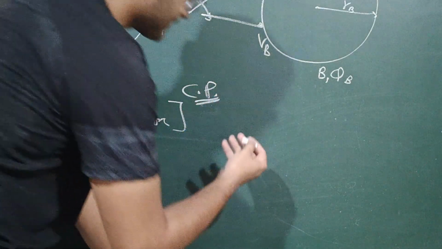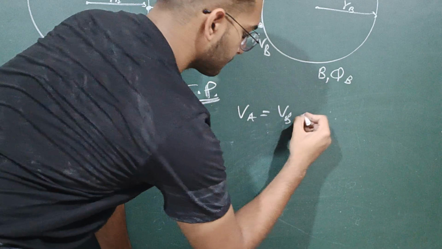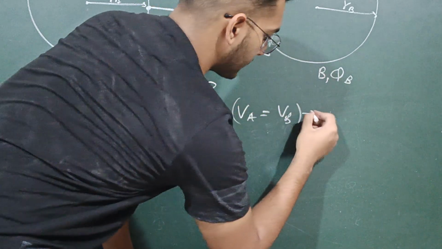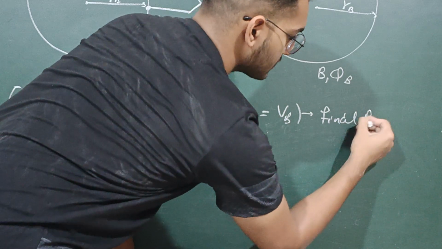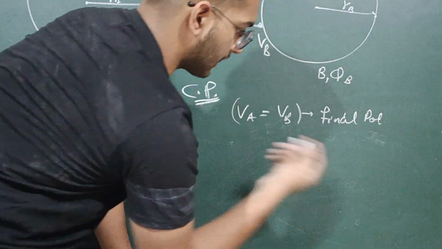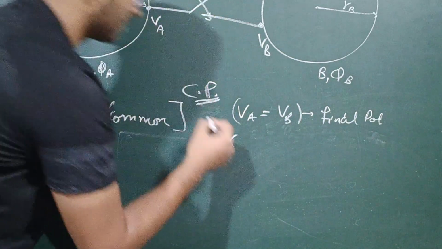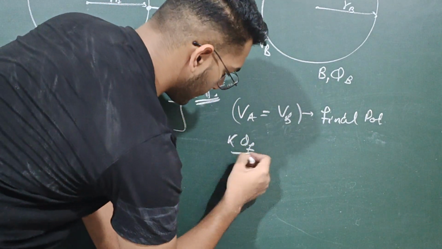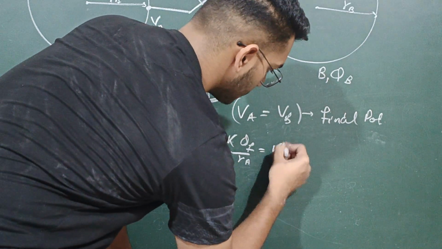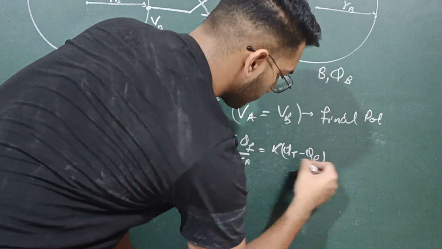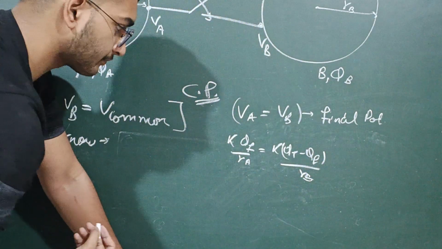So what we have is VA equals VB, that is the final state, final potential on A and B respectively, and the potential of A will be nothing but QF by RA equals K times QT minus QF by RB.